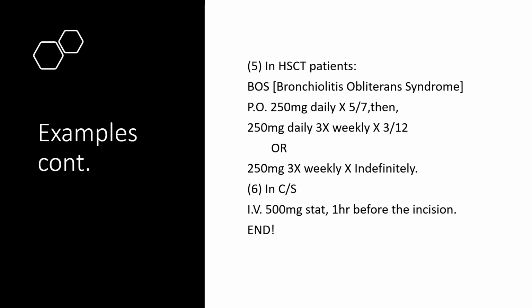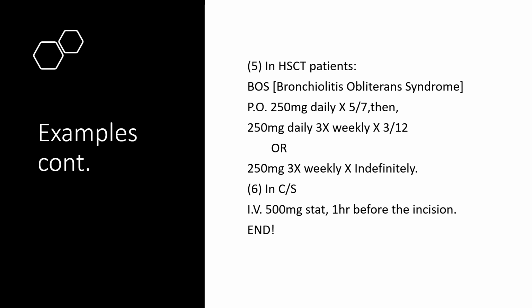In hematopoietic stem cell transplant patients, when you are trying to handle bronchiolitis obliterans syndrome, you can give azithromycin per oral 250 milligrams daily for 5 days, then 250 milligrams 3 times weekly for 3 months.